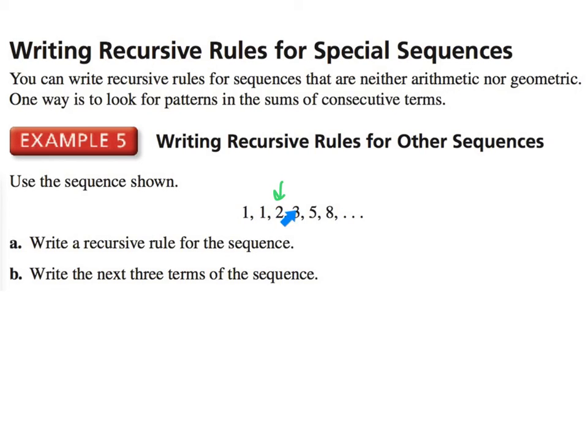And then 2 plus 3 is 5, 3 plus 5 is 8, 5 plus 8 is 13. Actually, let's just do part B, because B is just finding the next three terms. So it would be 13. 8 plus 13 is 21. And 13 plus 21 is 34. So the next three terms of the sequence would just be 13, 21, and 34.